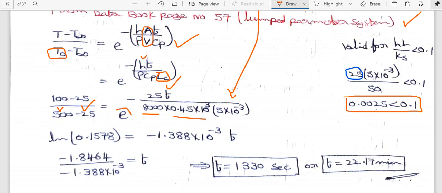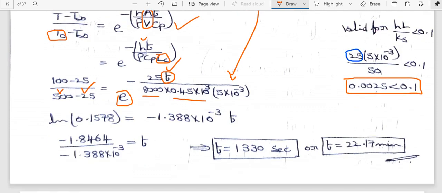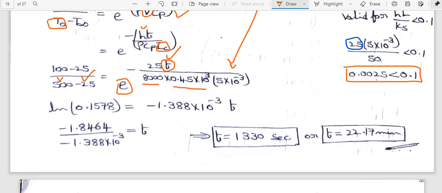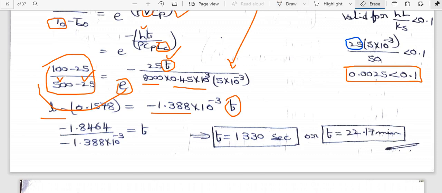So here this is the exponential function, and time is the unknown parameter. That's why I am bringing the E value to this side, that is ln of this value. Ln of 0.1578. After bringing the exponential function, the simplified value is minus 1.388 into 10 power minus 3 into time. So we need to simplify these equations.